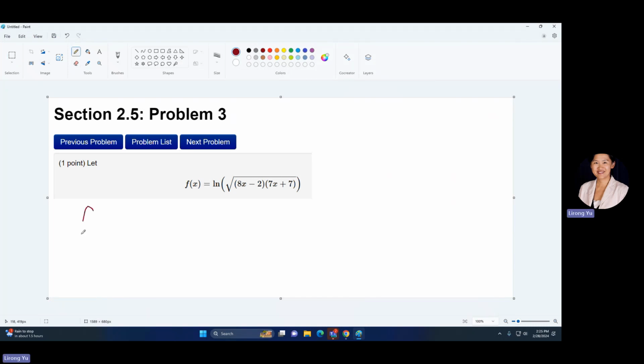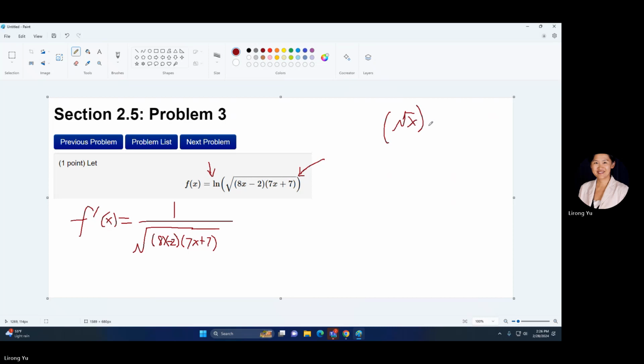If you differentiate from the outside, because of the ln, it's going to be 1 over, right? 1 over all inside, is 1 over root of 8x minus 2 times 7x plus 7. Then the second layer of the function, because of chain rule, is the root sign, right? The derivative of the square root function is 1 over 2 times the square root.